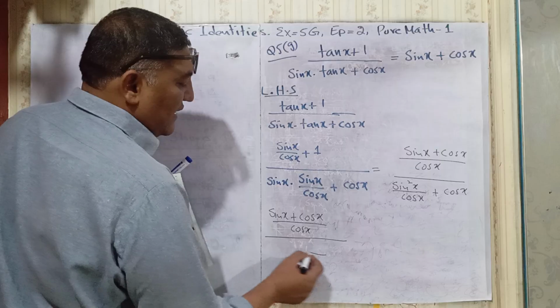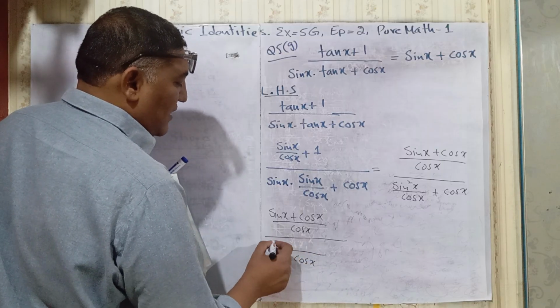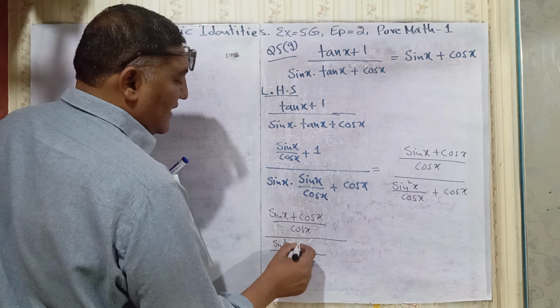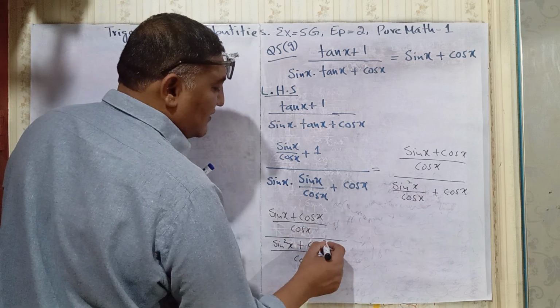In the denominator, I will take the LCM, so it will become cos x, and this will become sine square x, and this will become cos square x.